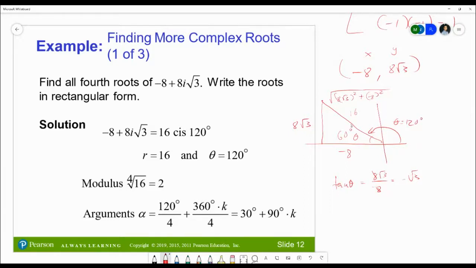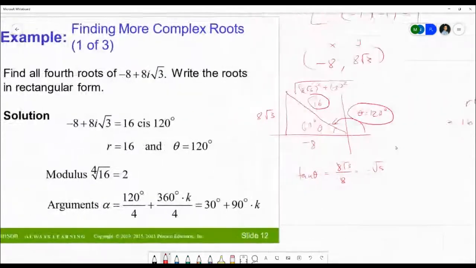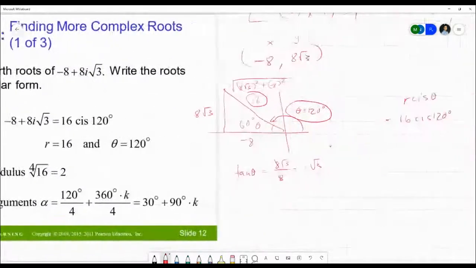Okay, so now we got our r value, we got our theta value. We can rewrite this as r CIS theta, 16 CIS 120. And so we can find out what the root is. What root do we want here? The fourth root.